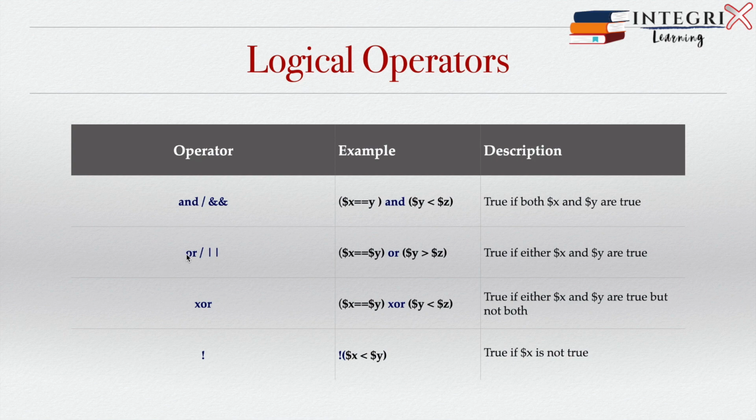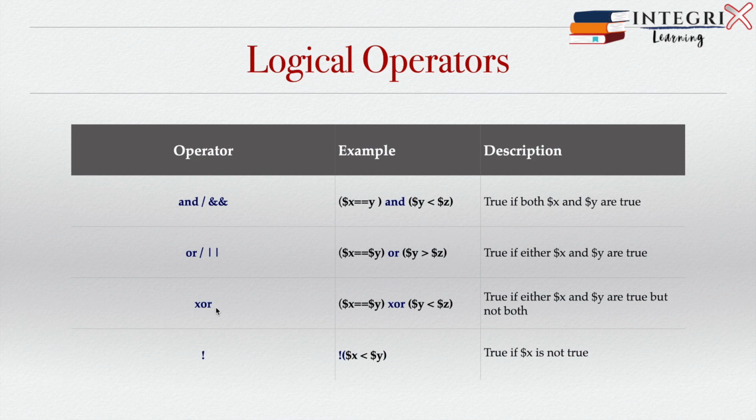Similarly, the OR operator uses OR or double pipes. So we could write if x is equal to y or y is greater than z, then only you execute or return a true value.